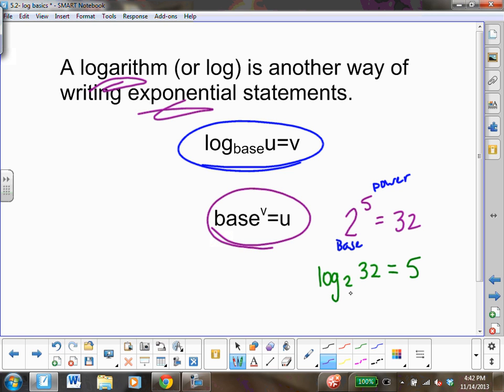So whenever you're expressing a logarithm, you want to know the base raised to what power gives you 32. And so the solution to log base 2 of 32 would be 5.